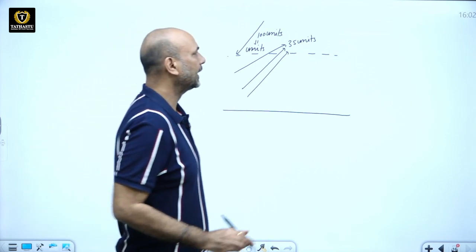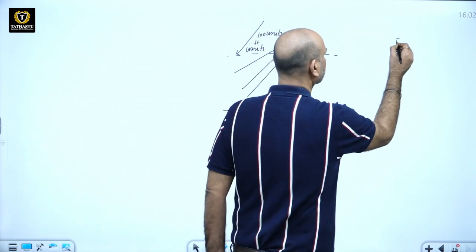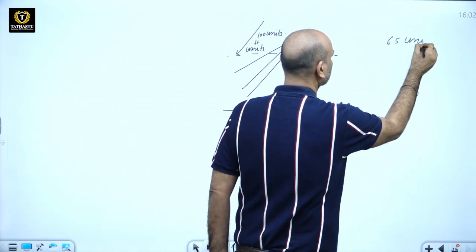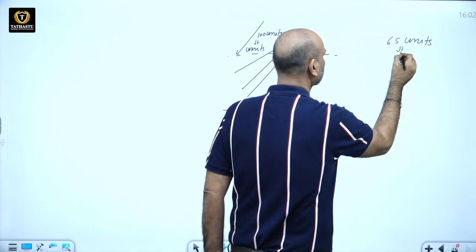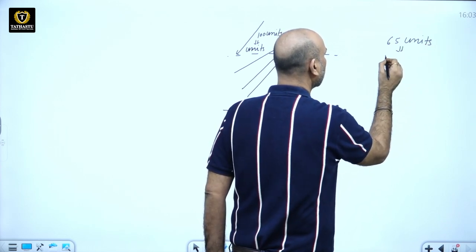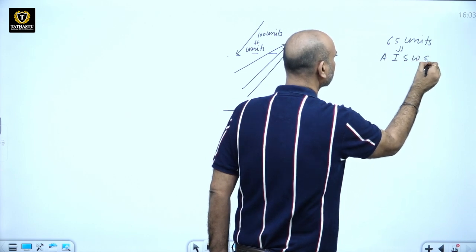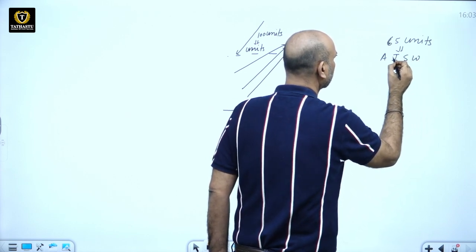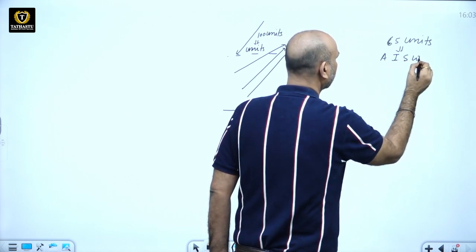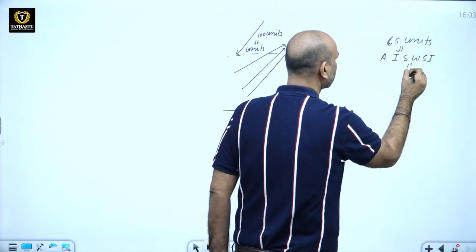65 units are absorbed. 65 units of annual incoming shortwave solar insolation are absorbed.